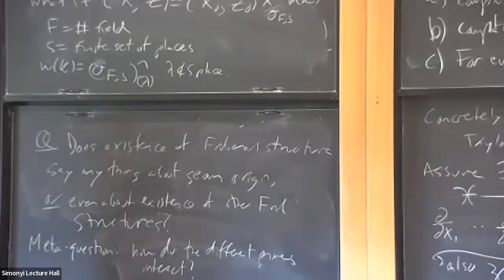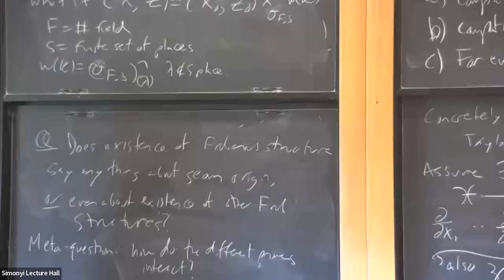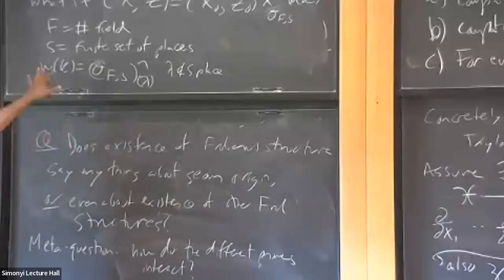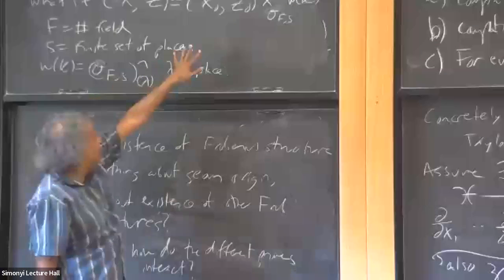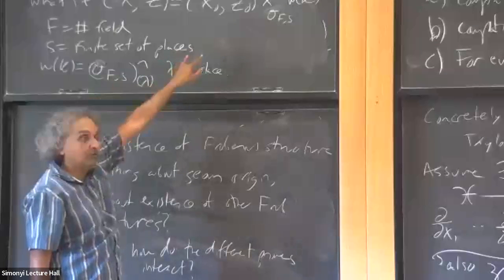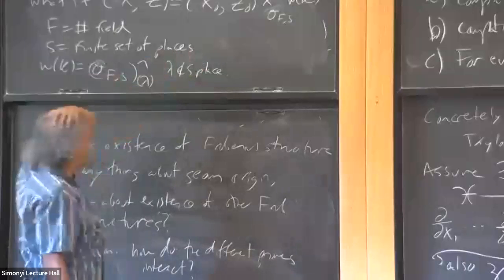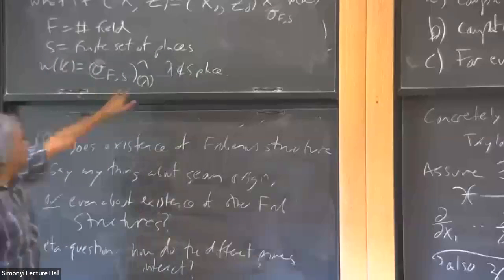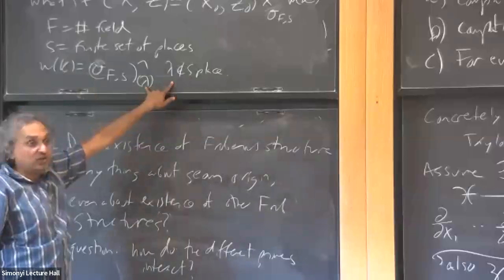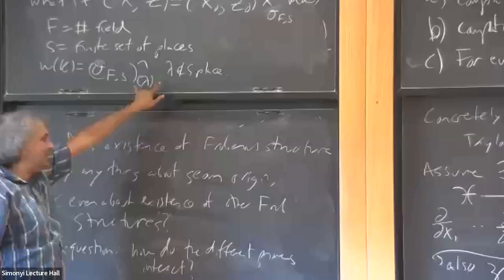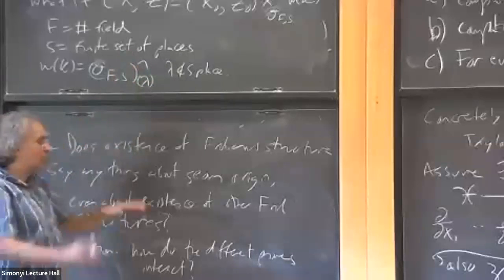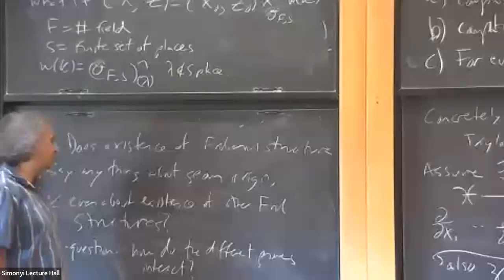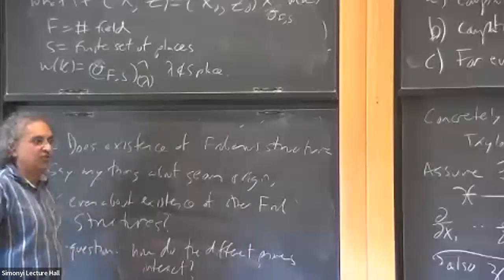Yes, I'm sorry, what is the question? So for example, let's make a concrete question. I start with this pair over a number field, and I give you a connection on it that, when you base change to the completion at some place, has a Frobenius structure. Does that imply that for all but finitely many other places, you also get a Frobenius structure there?